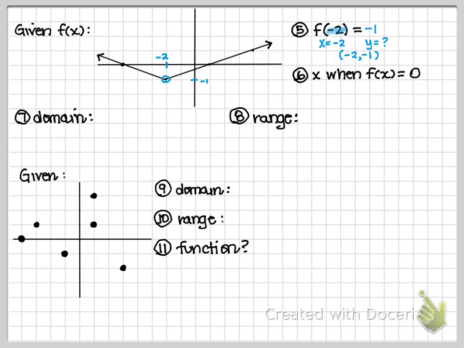If we go to the next one, it says, okay, we want to find x. So we don't know x. We're trying to figure out what that is, which means we know that f of x equals 0. Remember, f of x is the exact same thing as y. So this says y is equal to 0. So I'm going to go on my graph to where y equals 0. Well, y equals 0 is on the x-axis.